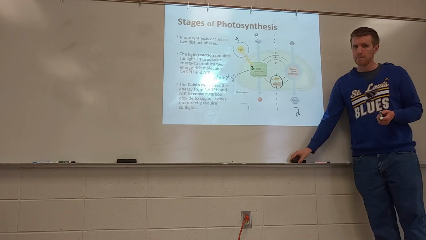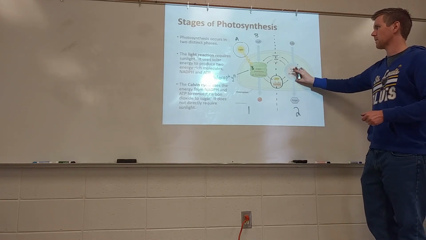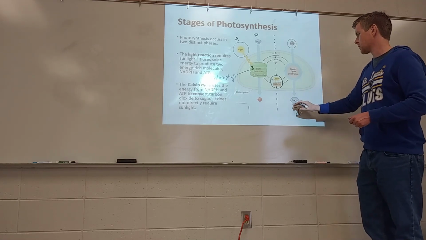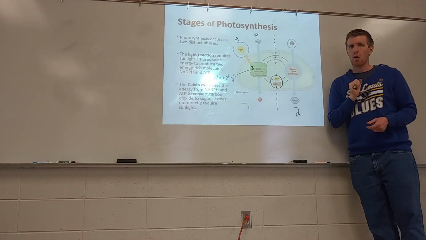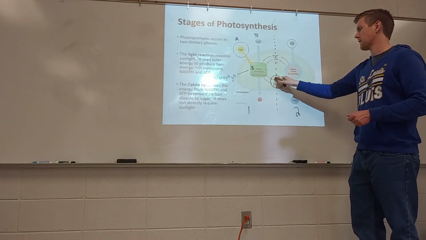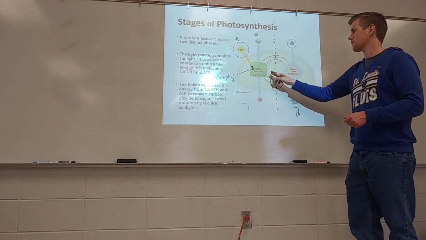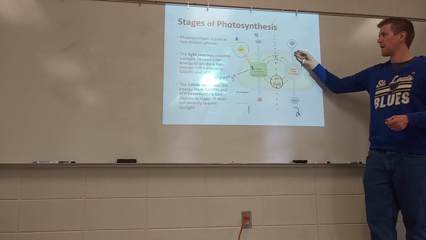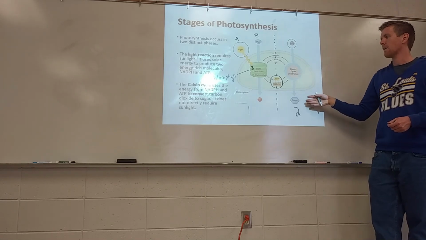The Calvin cycle, the second half of photosynthesis here, requires carbon dioxide and actually churns out a sugar in the process. But in order for this to happen, we have to have the energy-rich products from the light reaction to do it. So the sugar making itself is the second half of photosynthesis.